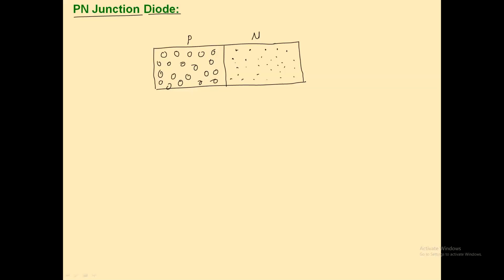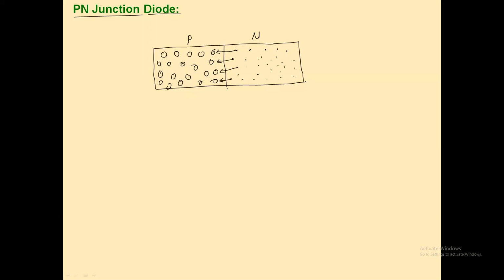Due to the concentration difference, when the P and N type semiconductors are combined together, the electrons from the N region always try to move into the P region. So these electrons in the N region will move into the P region.